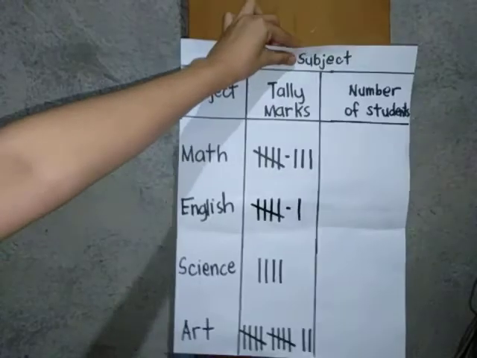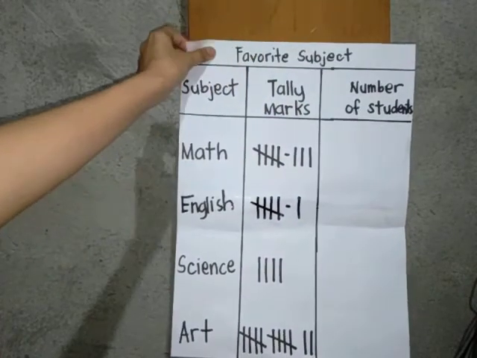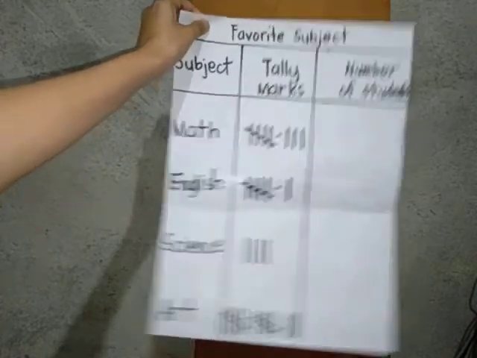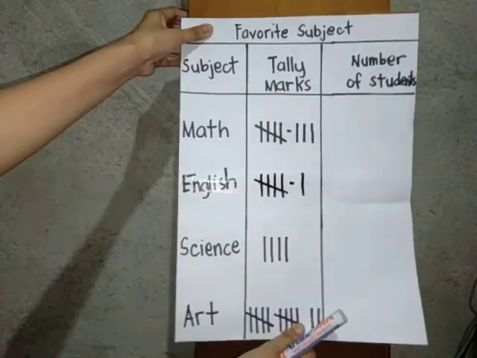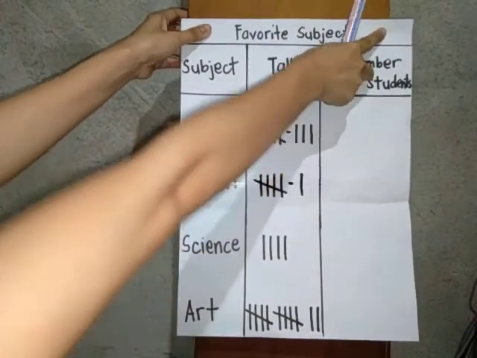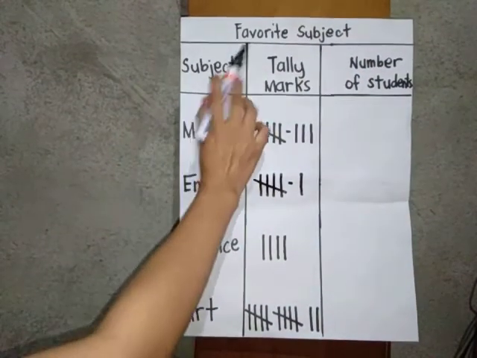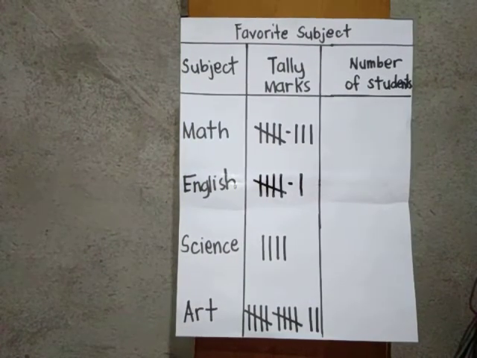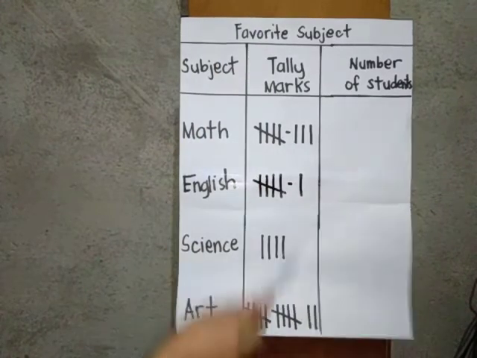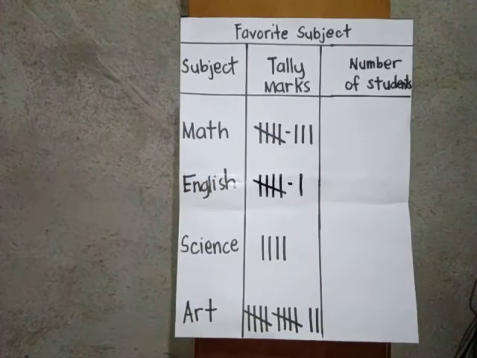Now, I want you to look at the table. Each table has a title, and the title of this table is at the top. So, the title is favorite subject. If you observe, the table is divided into 3 parts: the subject, the tally marks, just what I showed you earlier, and the number of students.